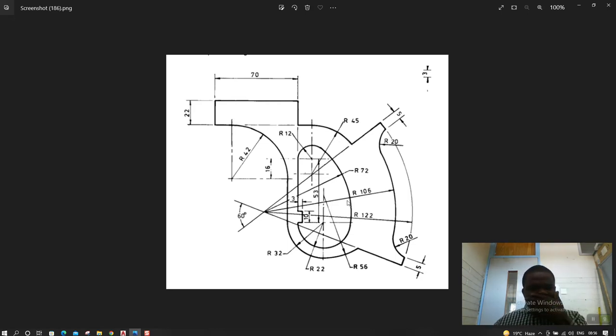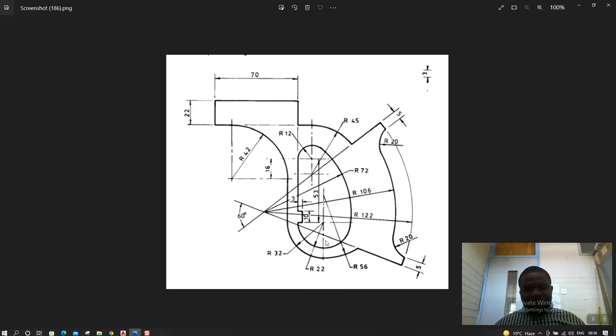Now we also want to get this circle center that is just below here. You get to notice that to find this circle is so easy. All you need to do is from the circle center radius 12, you measure 53 going down to locate this center and draw this circle center radius 22 and 32.